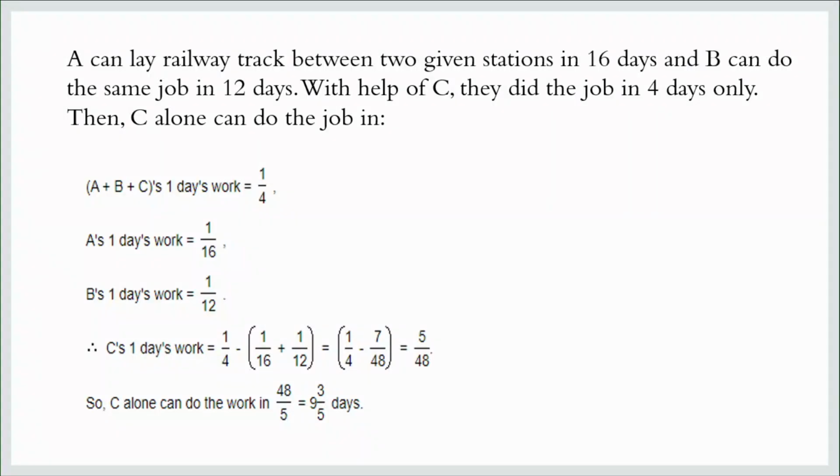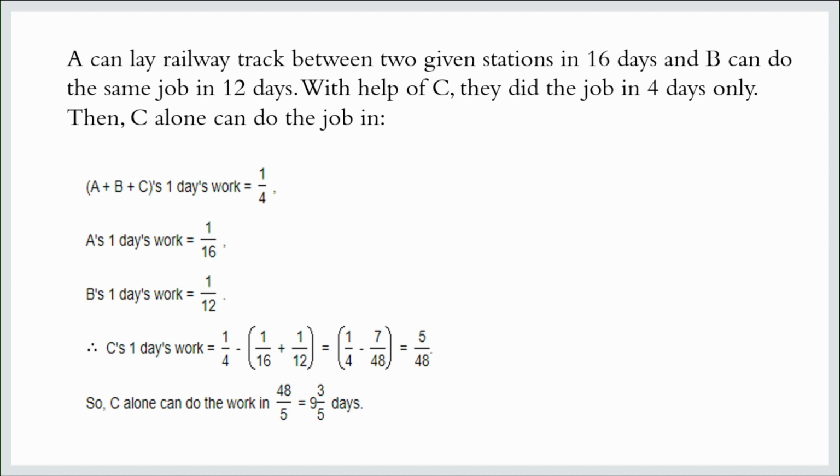A can lay a railway track between two given stations in 16 days. B can do the same job in 12 days. With the help of C, they did the job in 4 days only. Then C alone can do the job in how many days? This is the question.